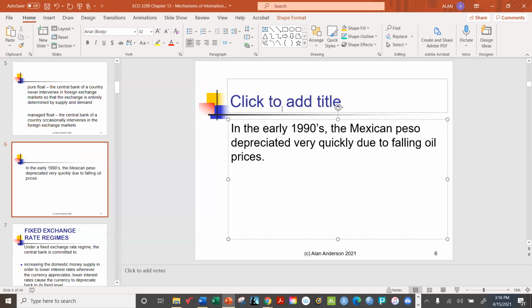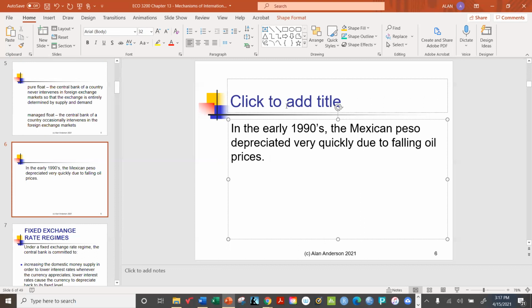Now, Mexico is actually a major oil producer. And so if oil prices go down enough, that is a real problem for the Mexican economy. And everybody knows that. So if oil prices are dropping, people are likely to start selling their holdings of pesos, and that puts extra pressure downward on the peso.